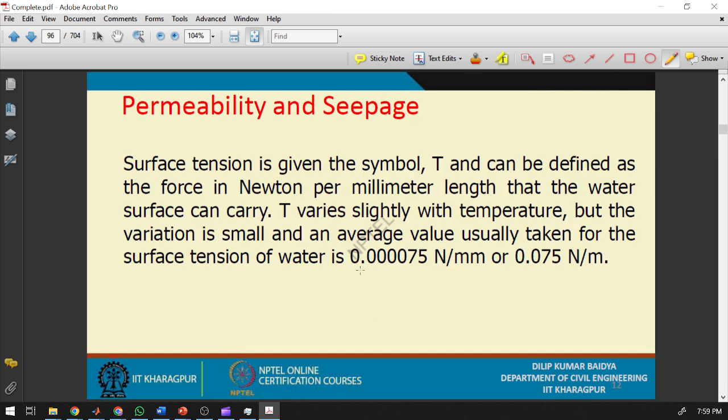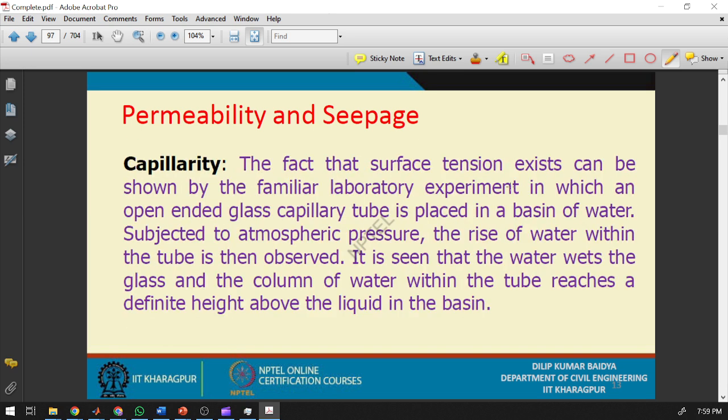We know that surface tension of water is taken as 0.075 Newton per meter. And this surface tension, in fact, can be shown by the familiar laboratory experiment. So when we insert a capillary, we can see that this kind of a meniscus is formed, which is due to the inward pull.